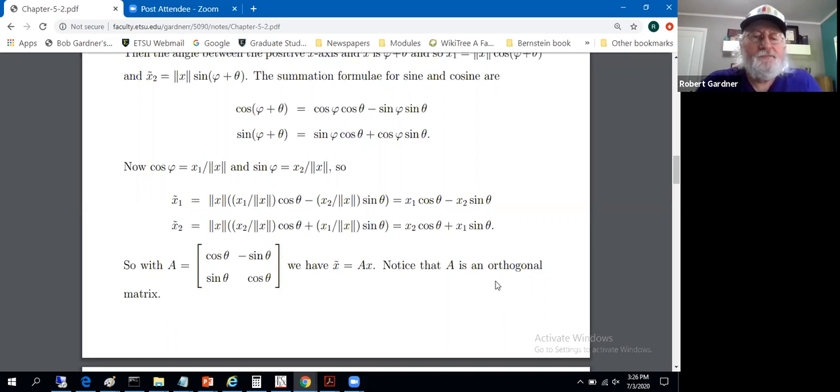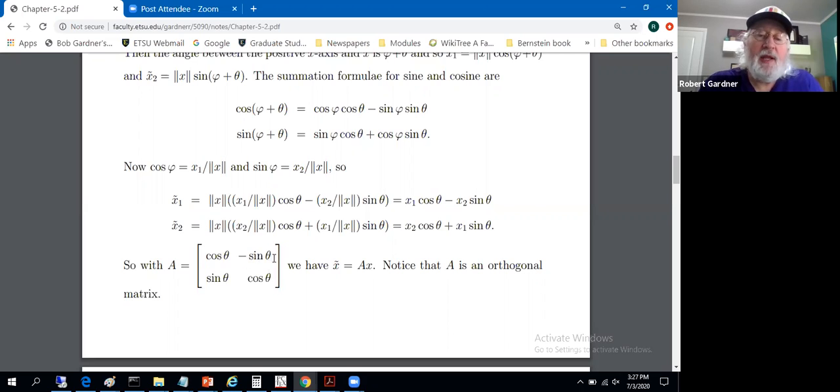How about we check to see if the columns form an orthonormal set of vectors. To find the magnitudes, we square the components, add, and take a square root. That's cosine squared plus sine squared, which is 1, and the square root of 1 is 1.